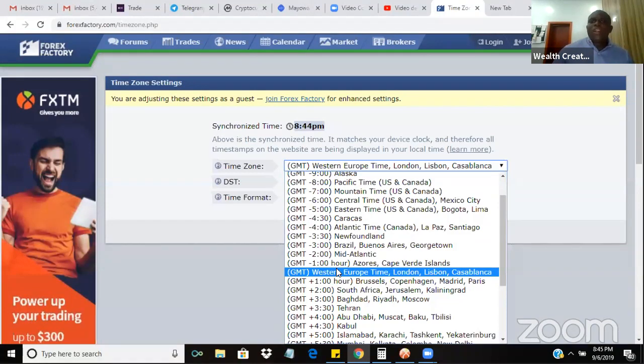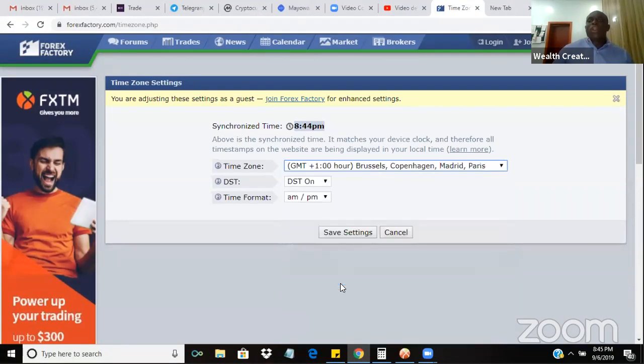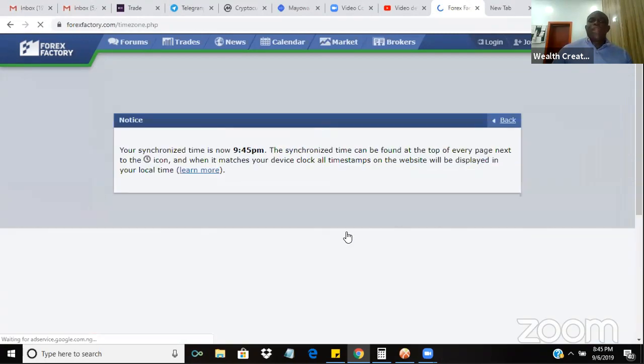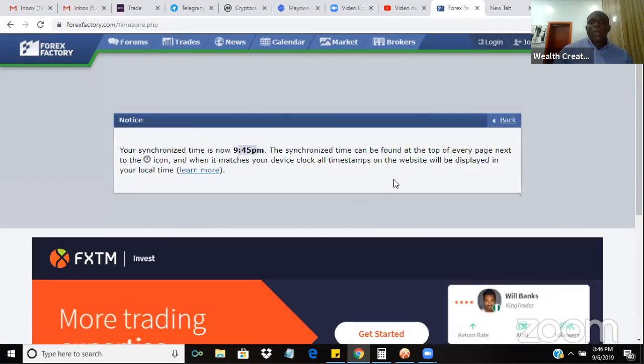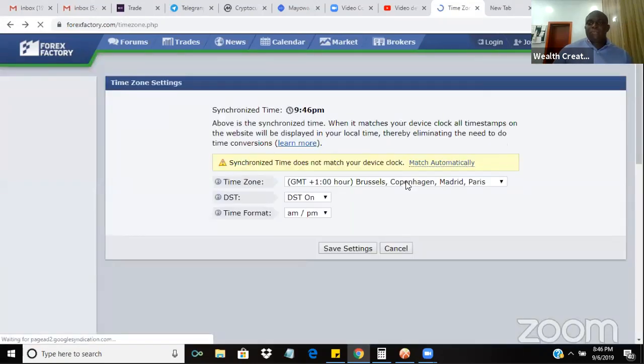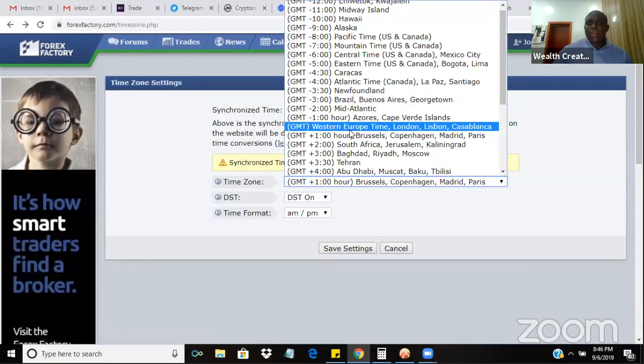Now, if you put it on London, you need to be careful because sometimes it might not equate what London has, because London time does change. So I like to put it on GMT +1. When you put it on GMT +1, you are safe. Oh, this is not right. This is 9:45. So go back. We're going to go back and change it back to GMT ordinary.